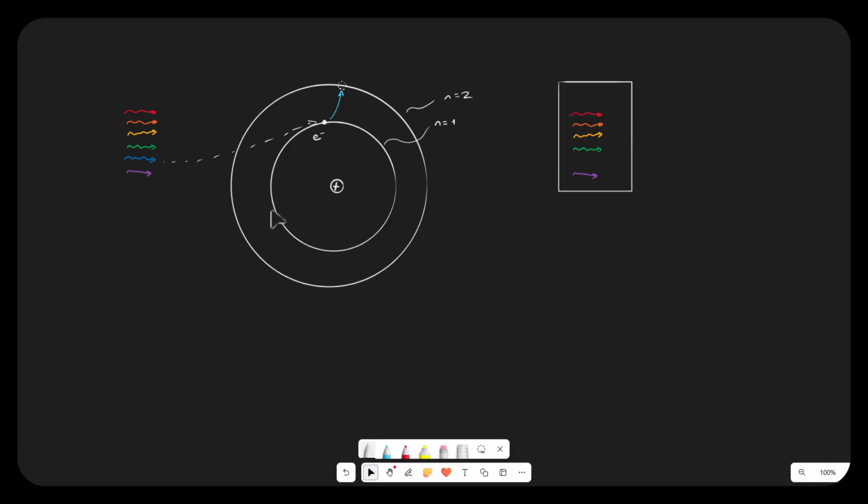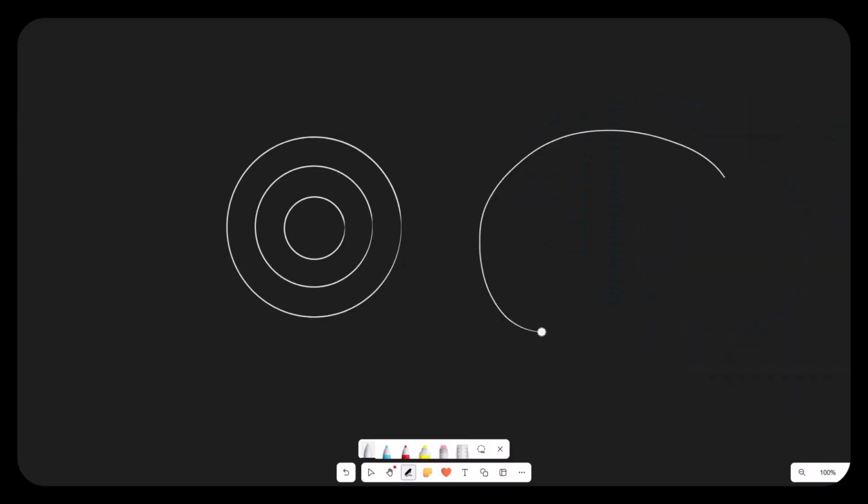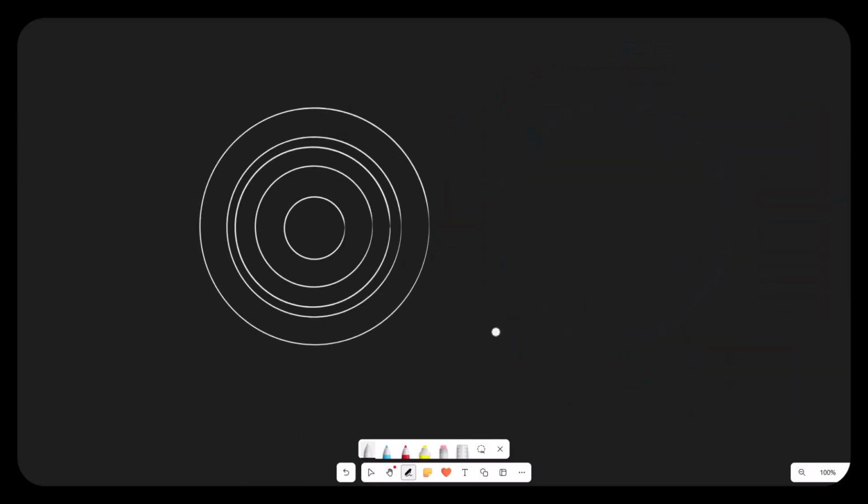What this means then is for this hydrogen atom, I have different energy levels, and that might look like this. I have my proton in the middle, and I have these different energy levels. N equals 1, N equals 2, N equals 3, N equals 4, N equals 5, and so on.